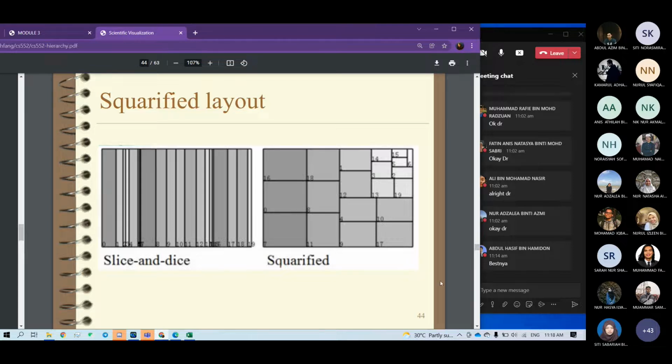So this another, we have a slice dah dia line sajalah, as compared to scorifier. Two different but same data. Probably I give you this one, I say, okay, can you find another way to redraw? You can redraw this one.